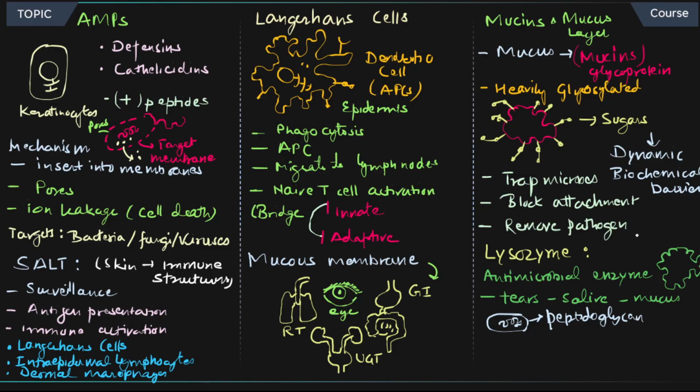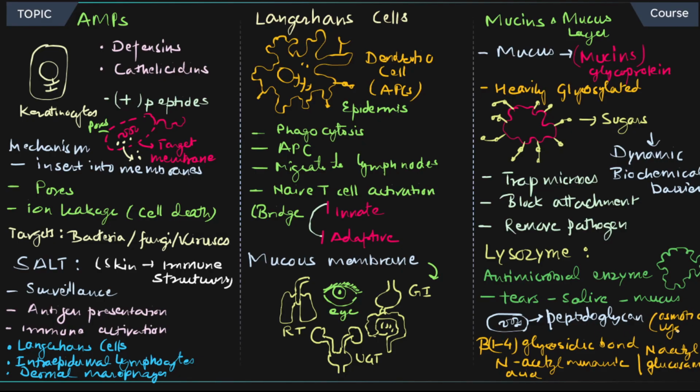This enzyme is going to degrade that peptidoglycan, specifically the beta-1,4 glycosidic bond, which is present between two molecules, N-acetyl muramic acid and N-acetyl glucosamine. These molecules are bound with a 1,4 glycosidic linkage, and because of that, it's going to cause osmotic lysis in the bacteria, right?